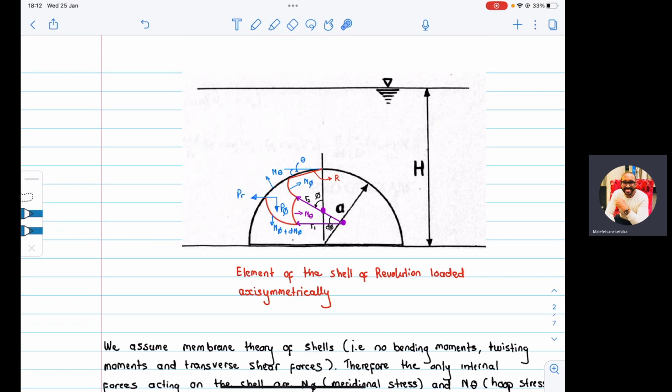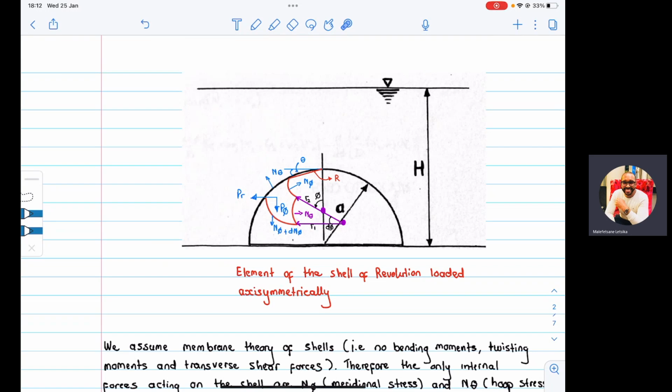For example, we are assuming that the shell is a shell of revolution and is loaded axisymmetrically. It's important to denote that. Otherwise, if this element of the shell was not loaded axisymmetrically, then we wouldn't be having this type of theory, which is basically the membrane theory.